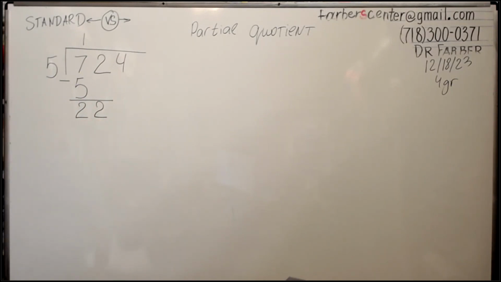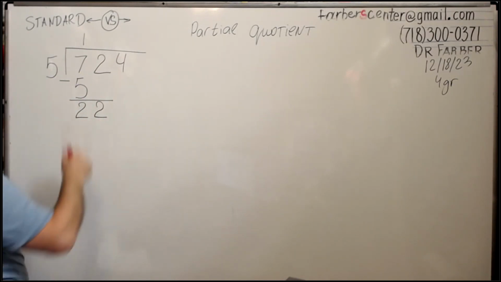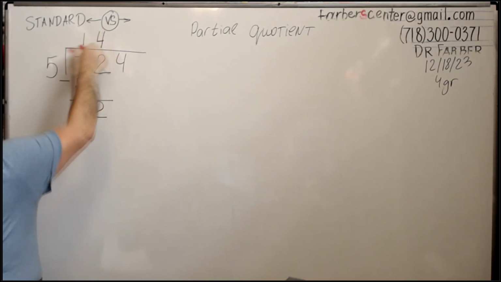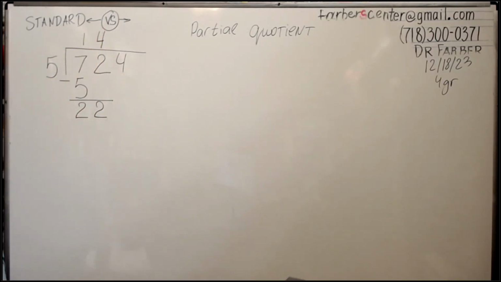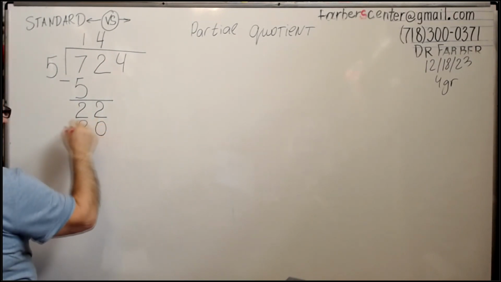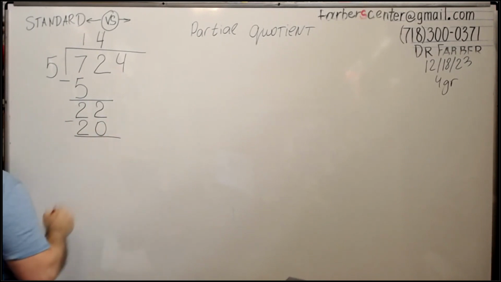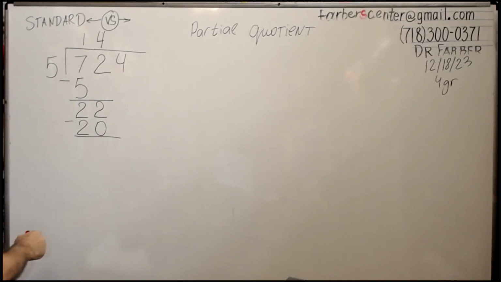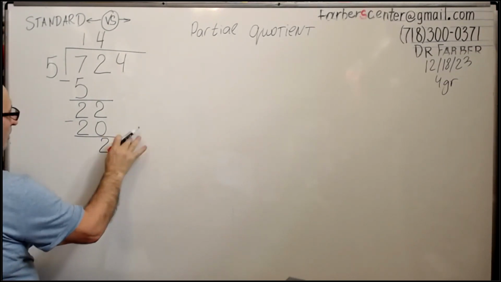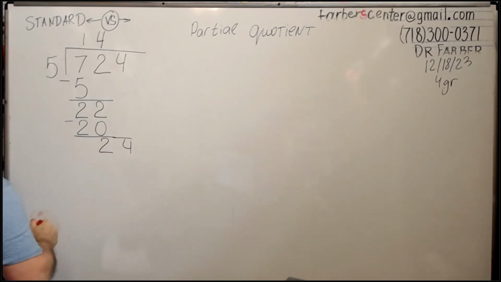You can round it to 20, you will go 4 times. 4 times 5 is 20. 22 minus 20 is 2, and you slide the 4 down. 5 goes into 24 how many times?